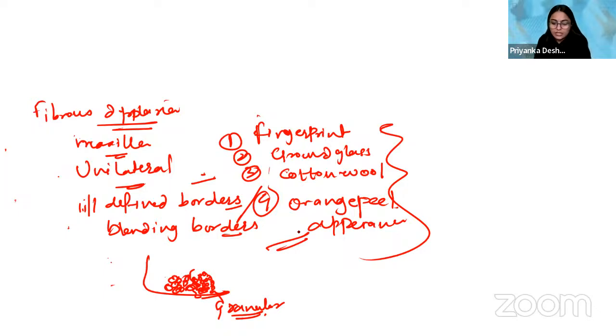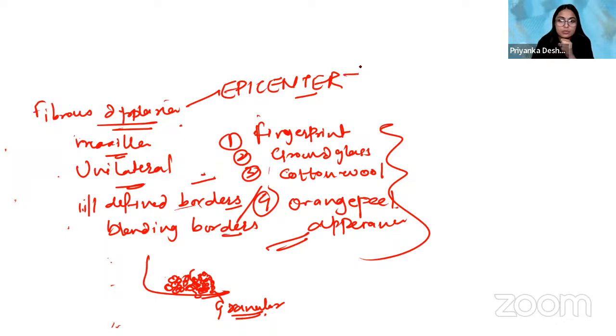And what is the epicenter? Now, when you differentiate between two entities, you need to know the epicenter of the disease. Epicenter is where the entity is located, with respect to the inferior alveolar canal.